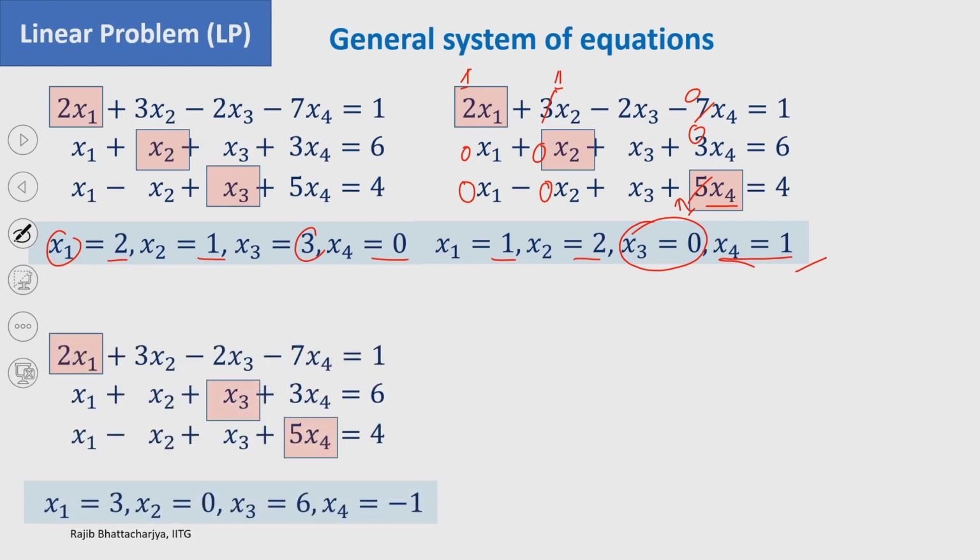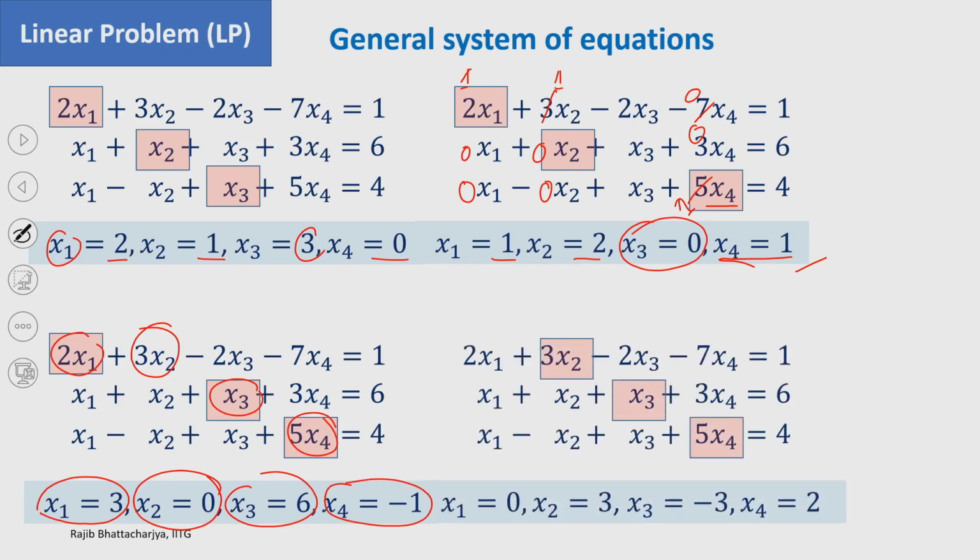So in the third case, what can I do? I can consider that x1, x3 and x4 are basic variables, and x2 is a non-basic variable. So I can do the row operation again. I can make the coefficient of x1 in the first equation 1, and for the other equations 0. Similarly for x3 and x4 also I can do that, and finally this is the solution I am getting: x1 equal to 3, x2 as a non-basic variable so that is 0, x3 equal to 6, and x4 equal to minus 1.